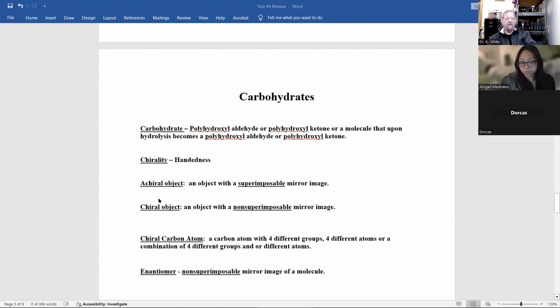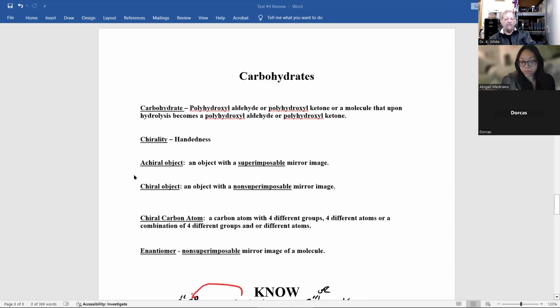All right. When we talk about chiral objects, there are 2 types, achiral and chiral. Now, a chiral object is an object with a non-superimposable mirror image. I won't ask the definition of it, but you should know how to identify objects that are chiral or achiral. The A in front means without chirality.